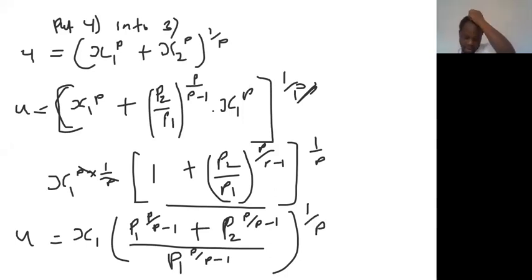Great. So let's try and simplify this in order to make it simple. So from here, we're trying to make x1 the subject, right? So u is equals to x1 again. I'm just trying to simplify everything here.